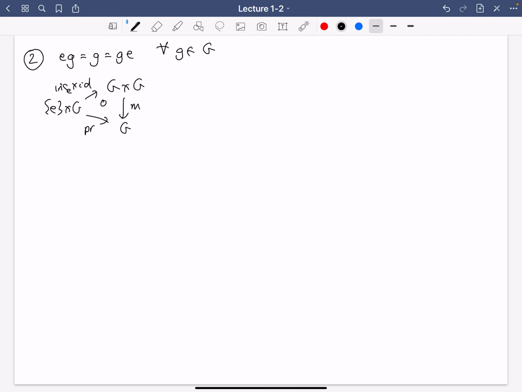So that axiom, EG equals G, is just exactly saying that that diagram commutes.